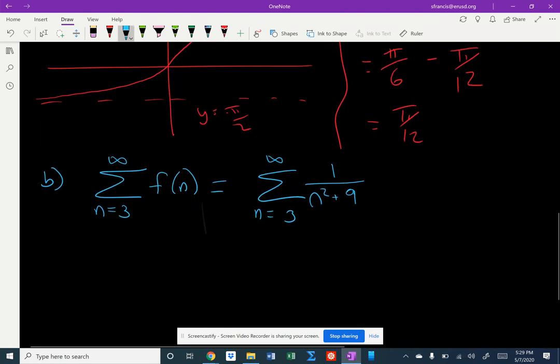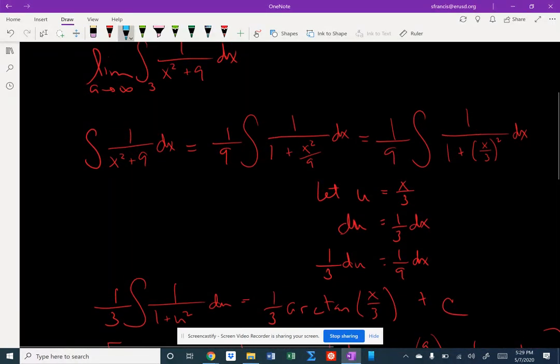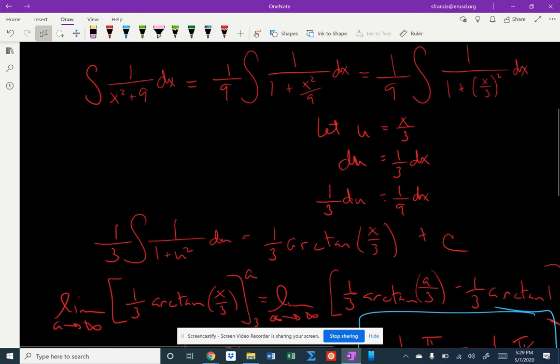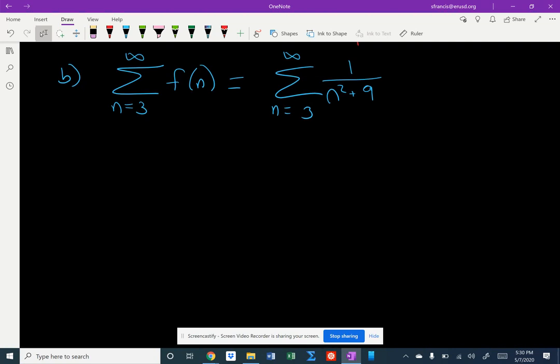The reason why I say you could use the work from part A was because we have our integral test, right? We just worked out that the improper integral from 3 to infinity of f of x converges. And so as long as we meet the conditions of the integral test, then we could use the result from part A. Notice they said just state the conditions. So we don't have to actually go through and prove anything. We could just state the conditions.